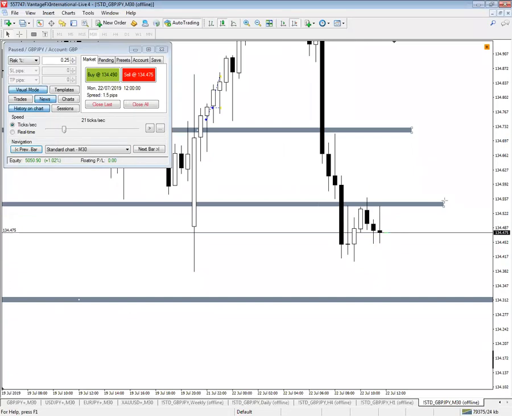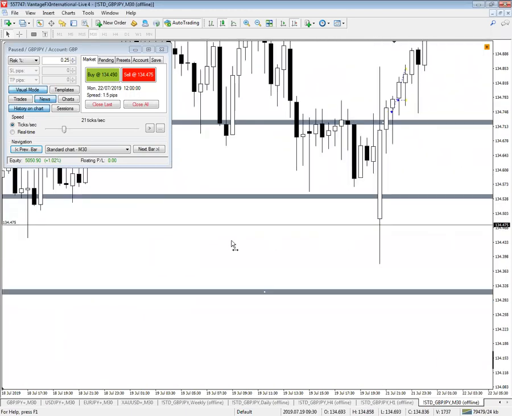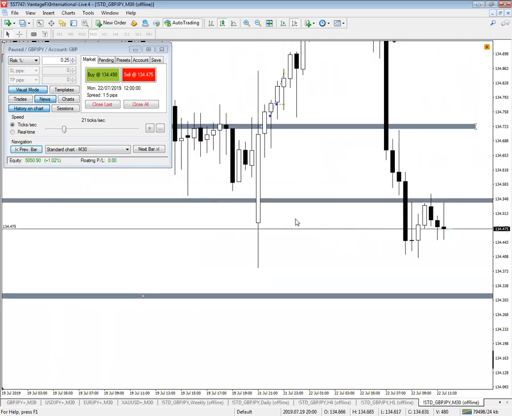This is our most recent resistance, and this is our most recent support. But we are closing below this key price level. So essentially, we're going to want to look for sells, definitely. There's no buys right now. There is no buy opportunity right now.